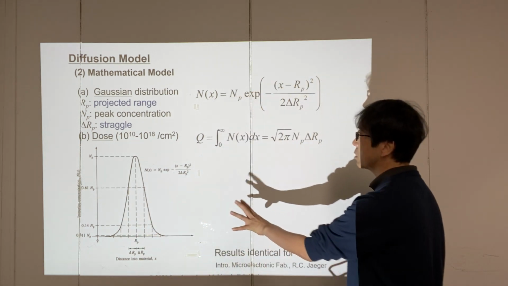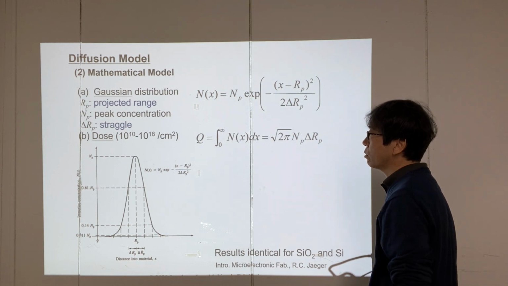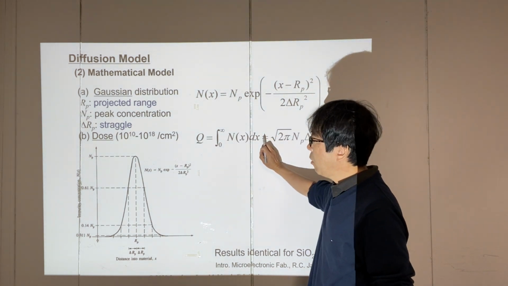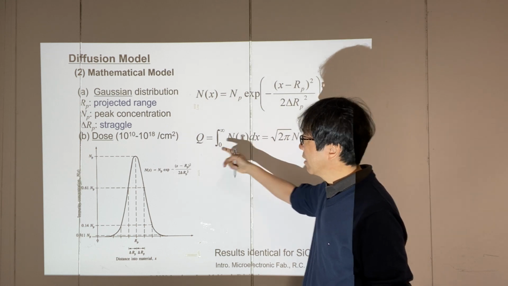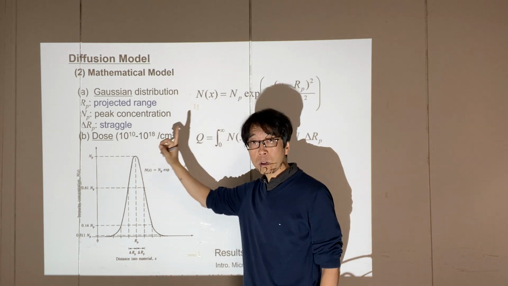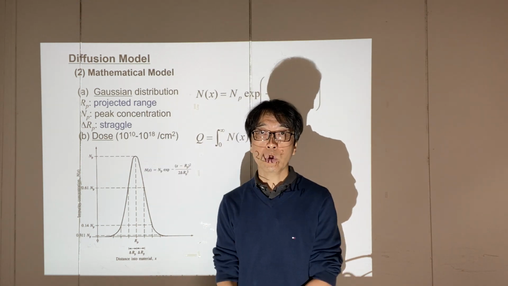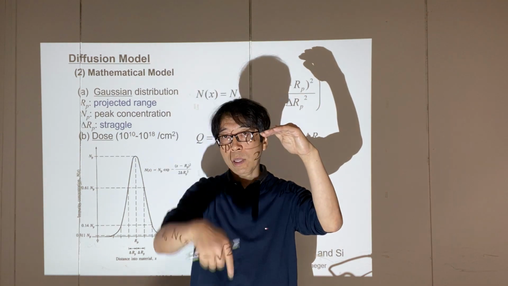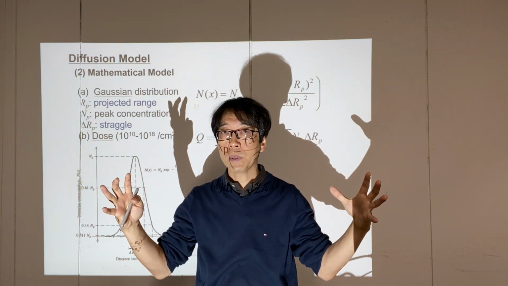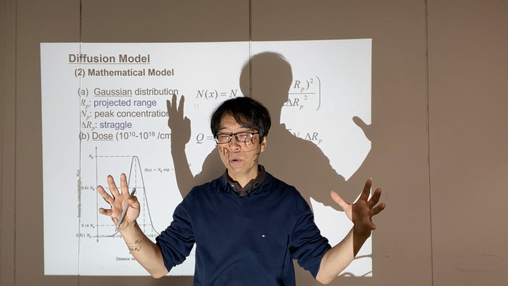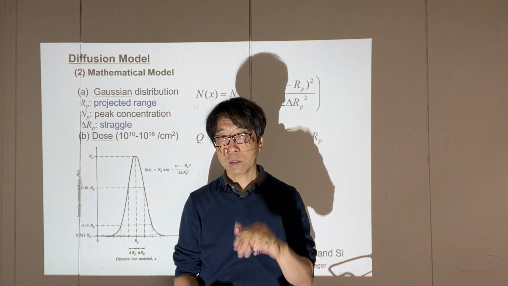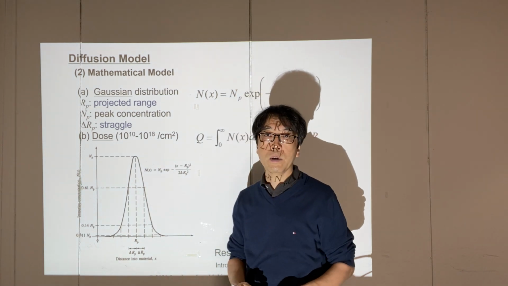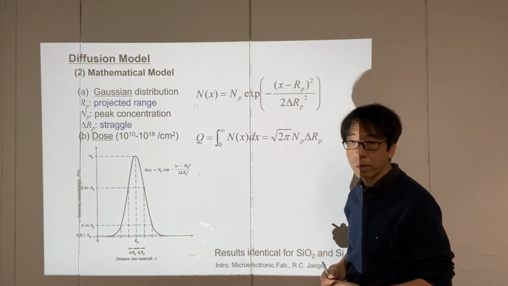And that amount is somewhere between 10 to the 10th to 10 to the 18th power of impurities per square centimeter. Why is it not per cc? Because it's a dose. What did I talk about the dose? It's an integral value along the depth of this doping profile. If you integrate the volume concentration over the depth, you obtain an area density, per square centimeter, right?